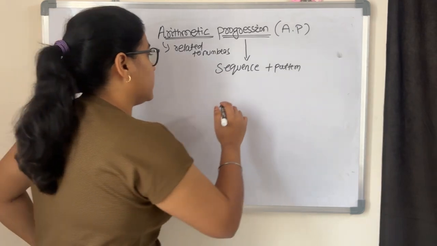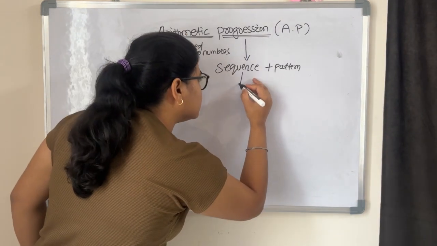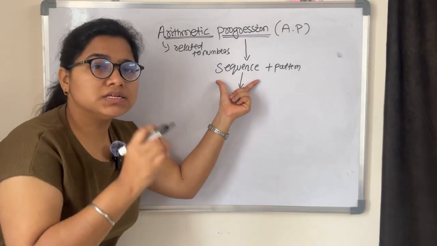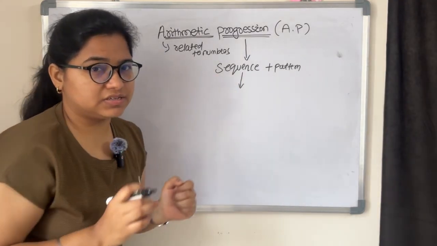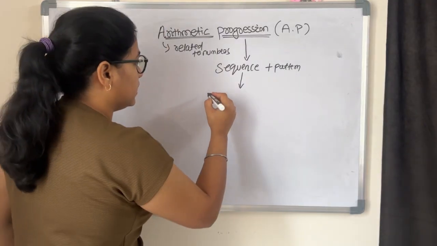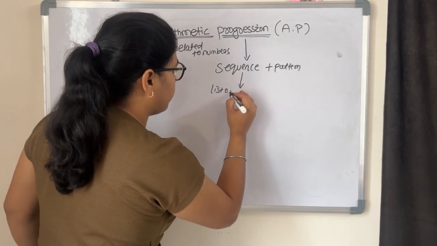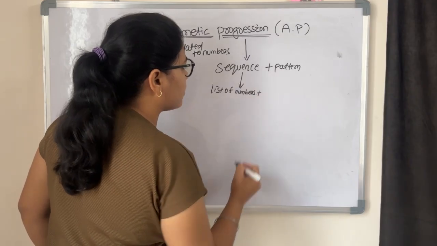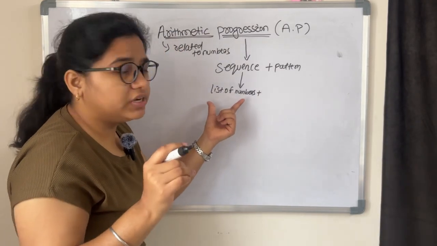Okay, see. So what is a sequence? A sequence is a list of numbers where each number follows a particular rule.